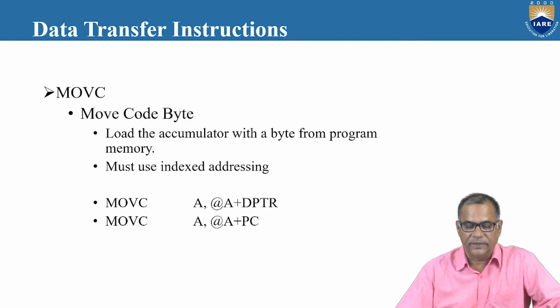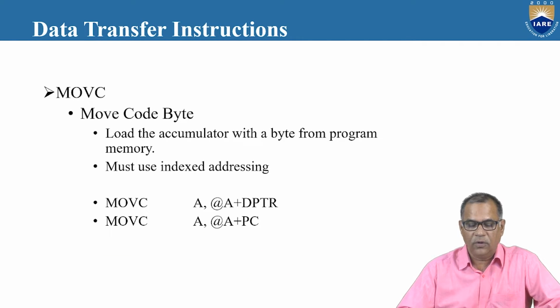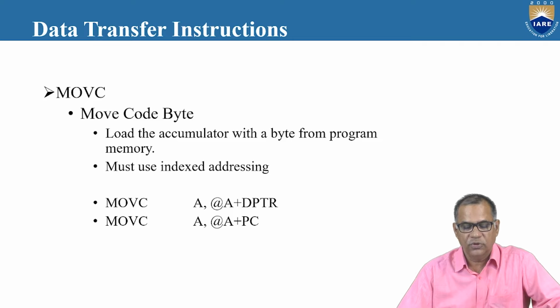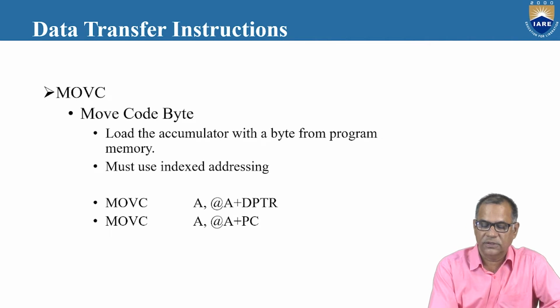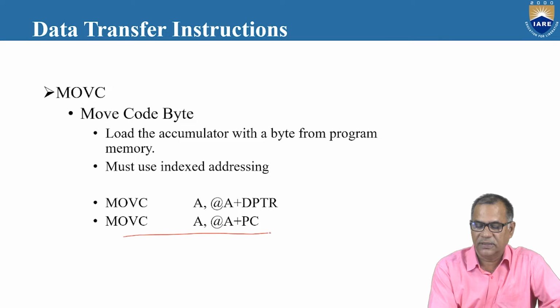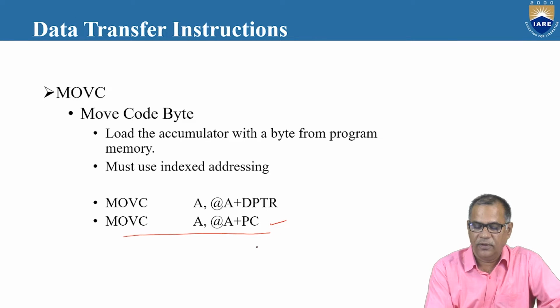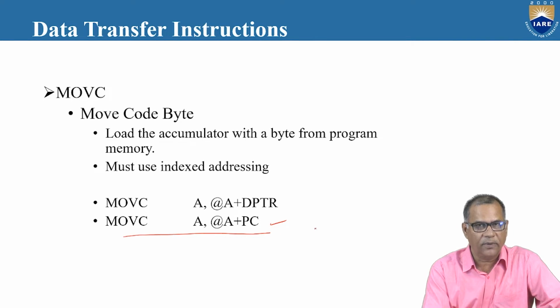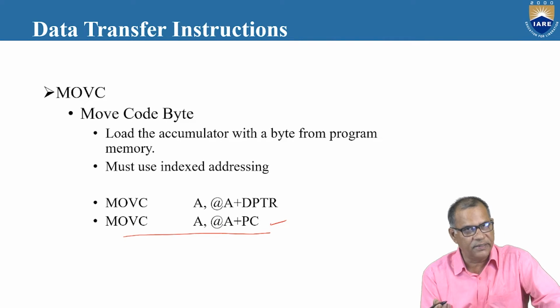And MOVC, code byte. How do you do it? Load the accumulator with a byte from the program memory, which uses indexed addressing. If you want to move the code from the program memory, you use the instruction MOVC A, @A+PC. PC is the program counter, which has a 2-byte address that contains the base address.